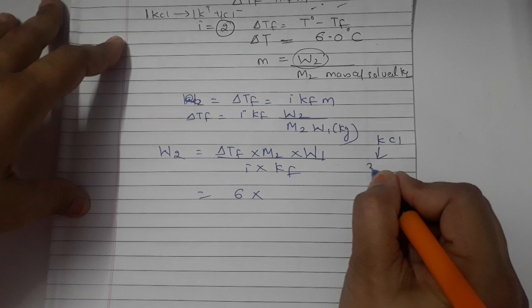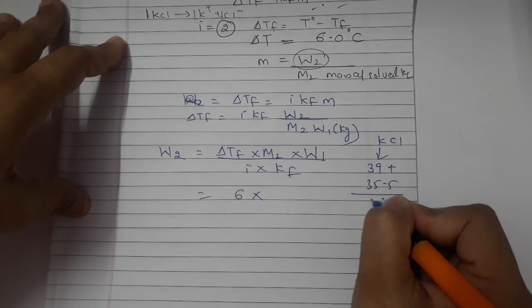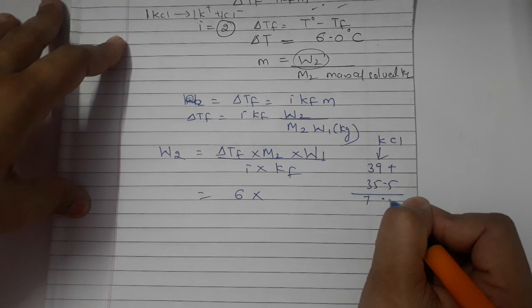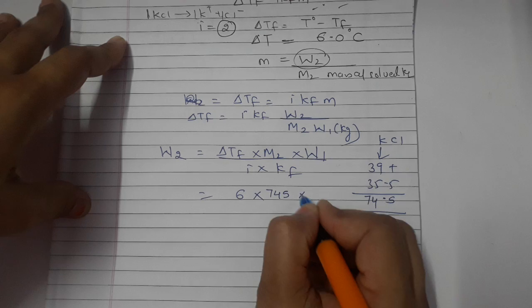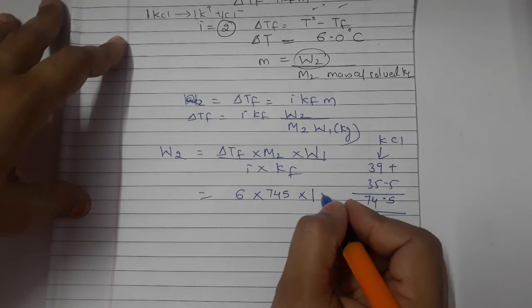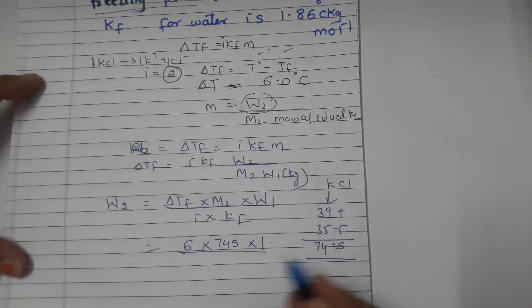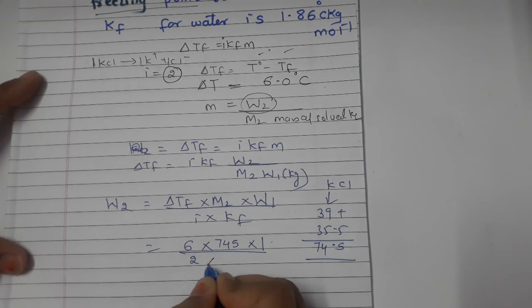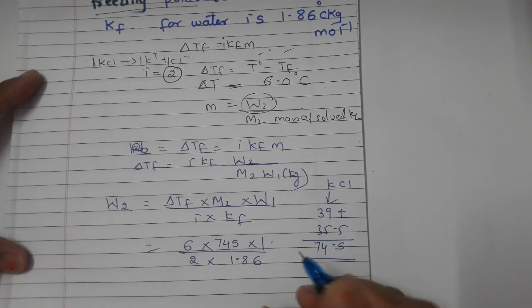Potassium is 39 and chlorine is 35.5, so we will get 74.5. I write 74.5, and the mass of the solvent is given, it is 1 kg, upon i, which is 2 particles, and KF is also given, 1.86.